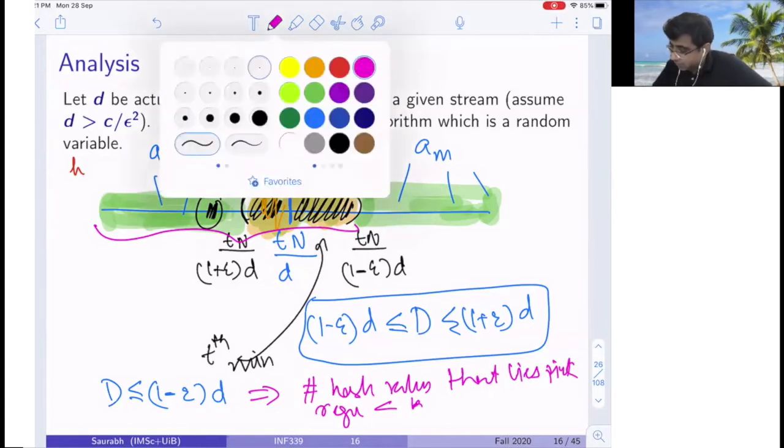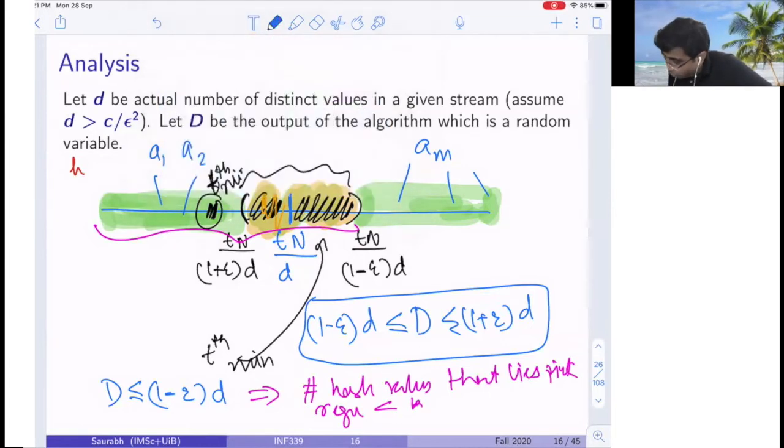Now you ask another question. What is the chance that D is greater than 1 plus epsilon times D?